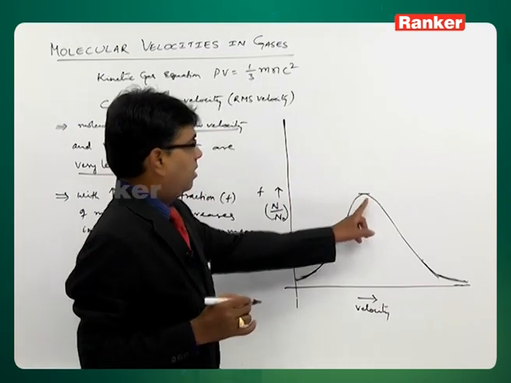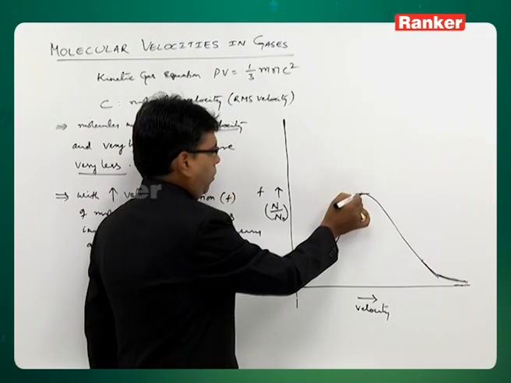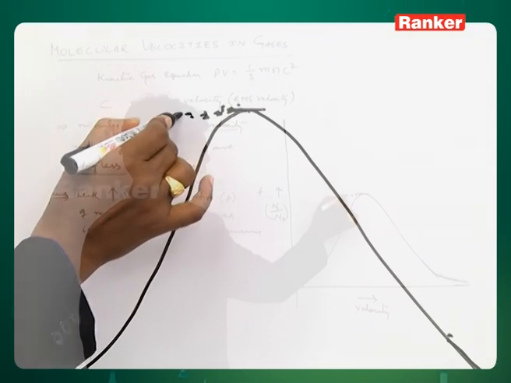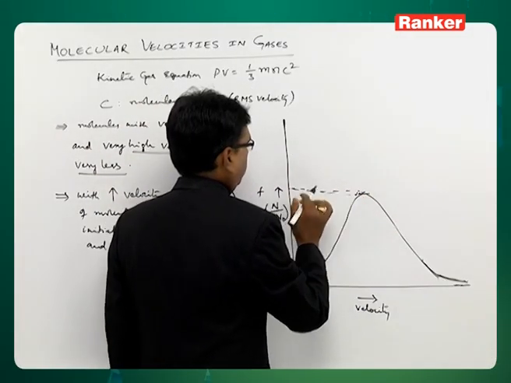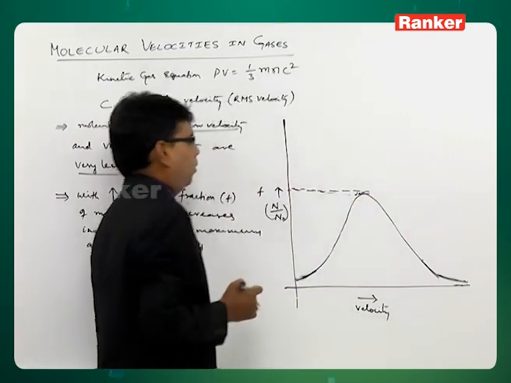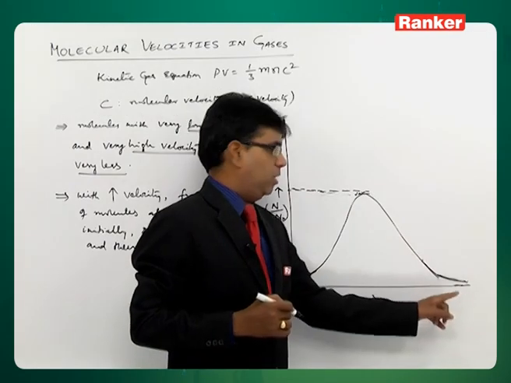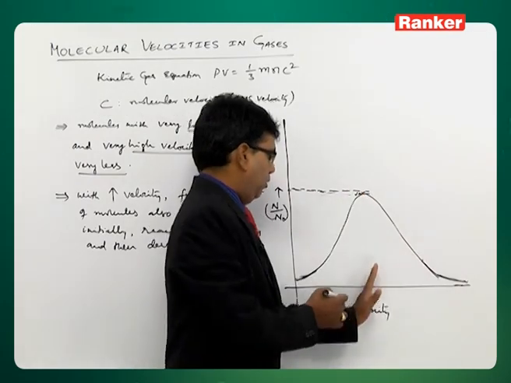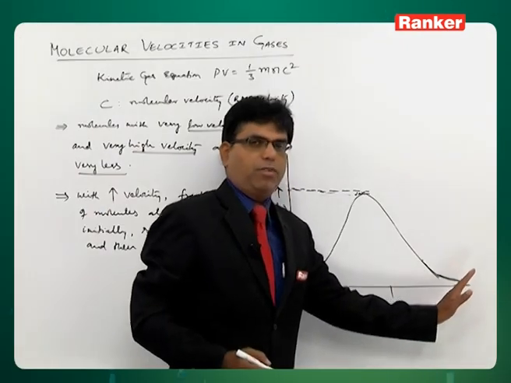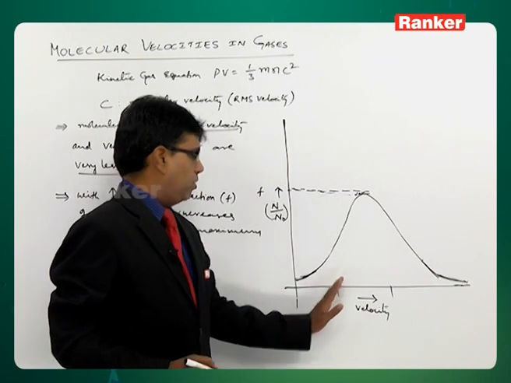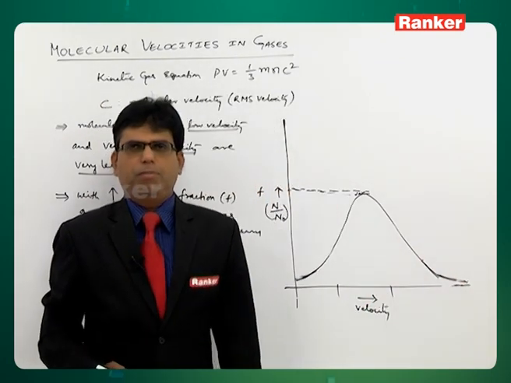Again I repeat, this is the velocity possessed by the maximum fraction. After reaching the maximum it decreases again. If you categorize this as low velocity, moderate velocity and high velocity, then molecules possessing very low and very high velocity are very few, and moderate velocities are maximum.